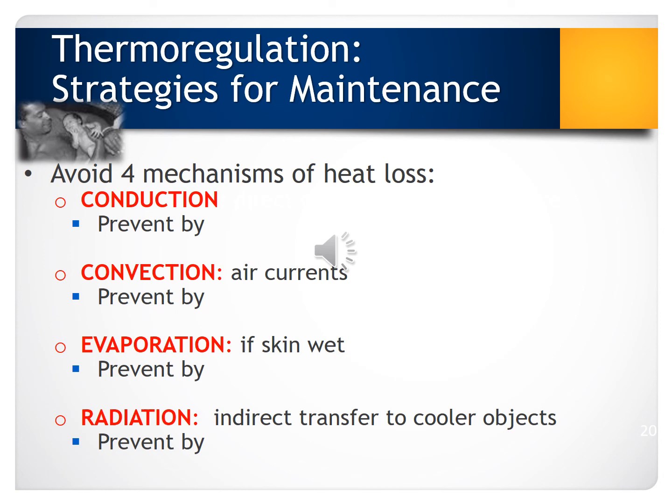And so there are various nursing interventions that we can do to help with thermoregulation and to prevent heat loss through these 4 mechanisms. And so it's imperative that you know the difference between the four mechanisms and the nursing interventions to prevent or decrease heat loss through these mechanisms.